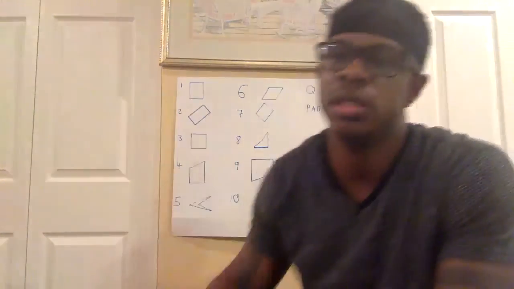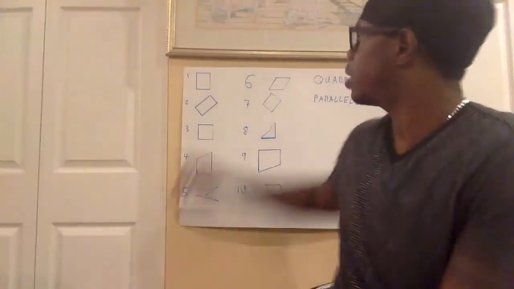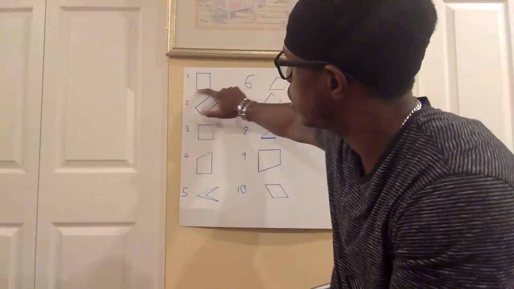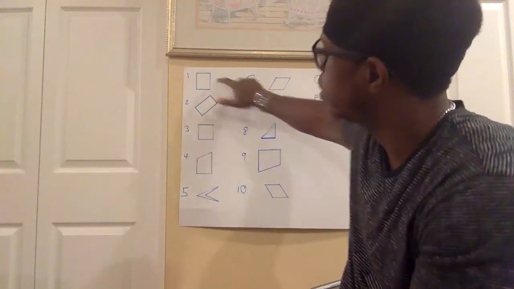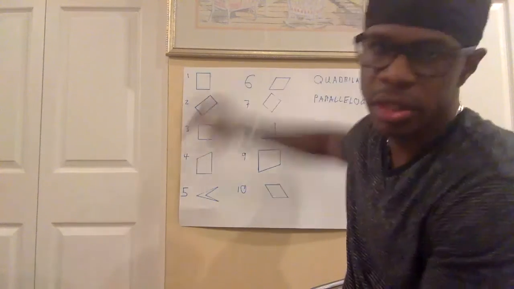What does parallel mean? Parallel means that we have two sides that are complete opposite, two sides that will never touch. So if I have two parallel lines, that means if I were to keep going over them and never stop, like these two lines right here, if we were to draw an imaginary line and just keep going forever, these two lines will never touch.